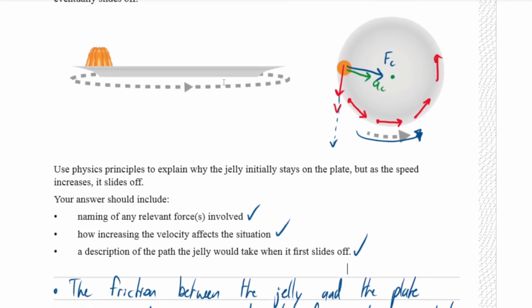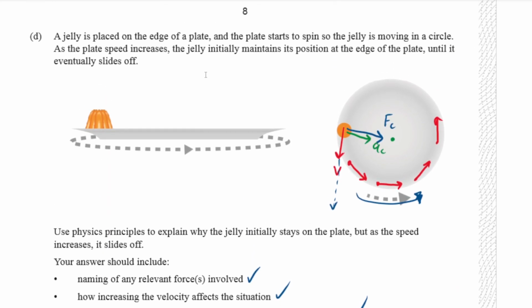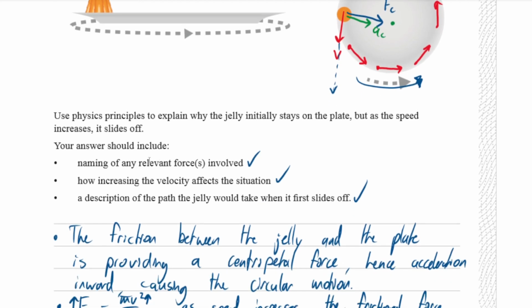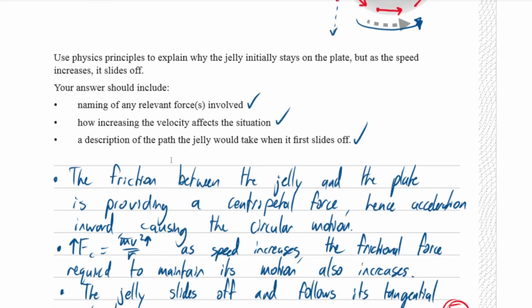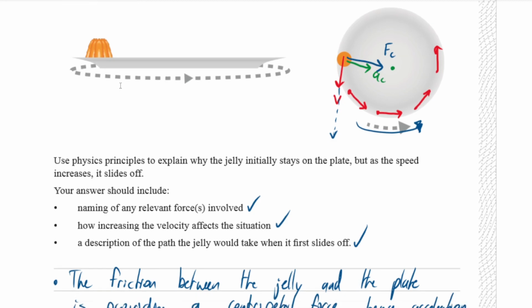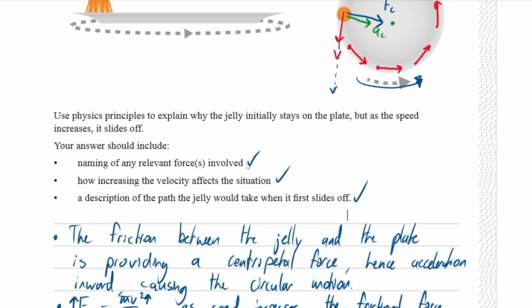So let's just quickly recap this one. It is a circular motion problem, and we are asked to explain or link a few concepts together. Firstly, we had to talk about the forces, and we acknowledge the only force, assuming the plate's not curved up, is friction that's preventing the jelly from slipping off.